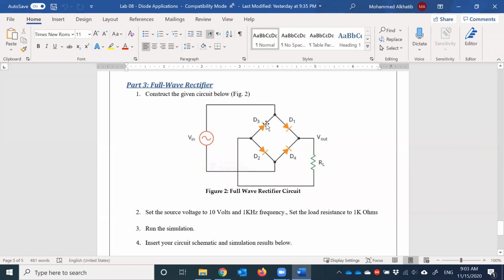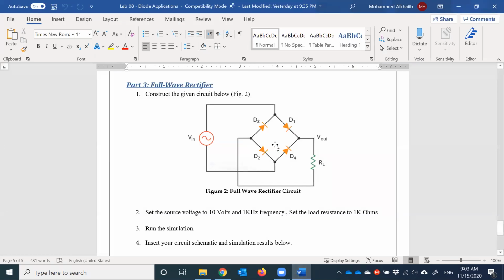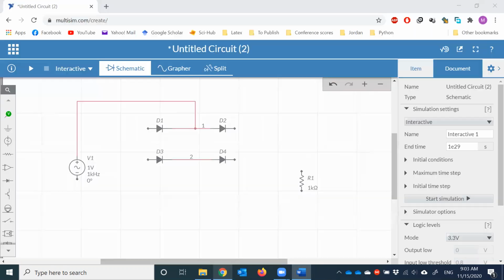And please be careful about the direction of the diodes. By default, the system will give us these anode to cathode locations in the diodes, and they actually match what we have here. But here we have rotations because we have them in the figures. In this software, you cannot do rotations, so you just have to be either vertical or horizontal.